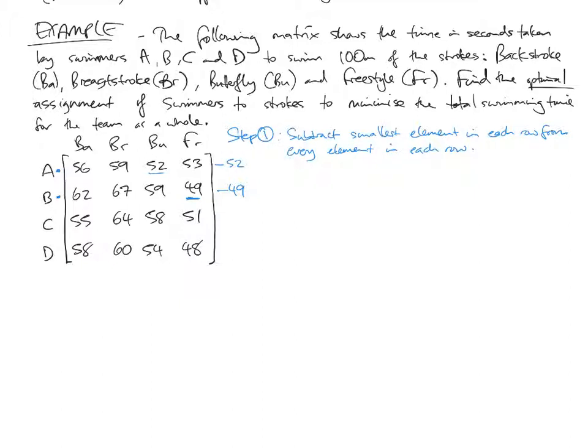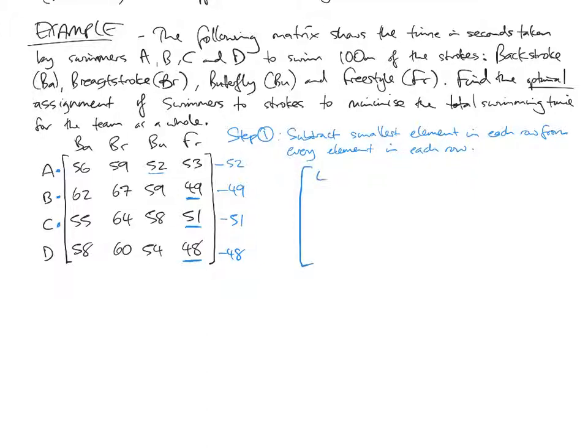The smallest element in row C is 51, so minus 51 from each element in row C. And row D, the smallest element is not 54, it's 48. So I'm going to minus 48 from each element in row D.